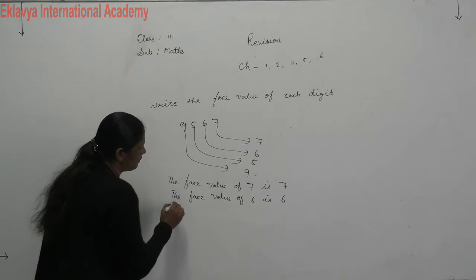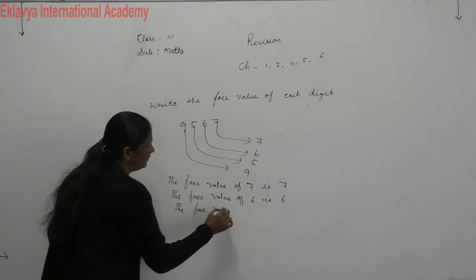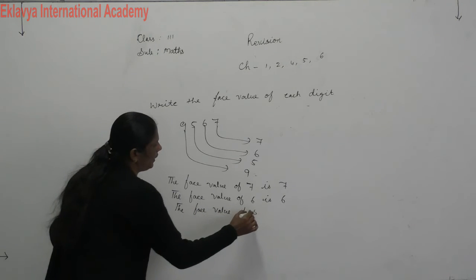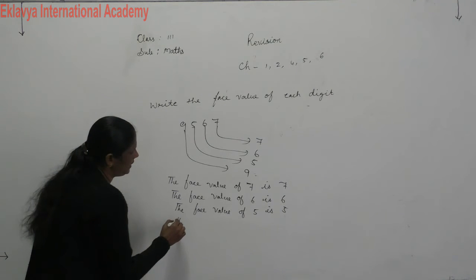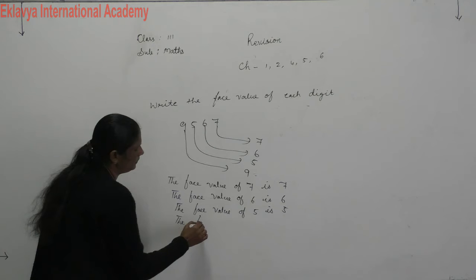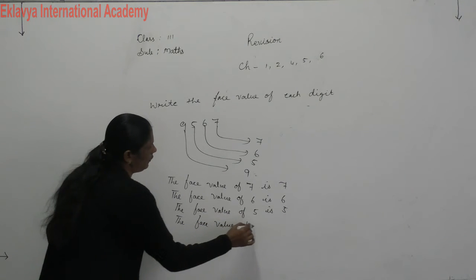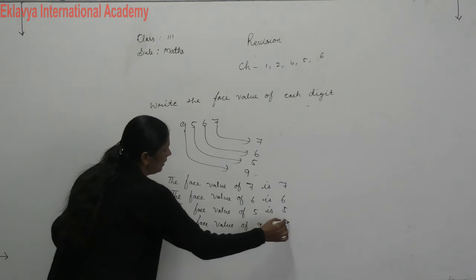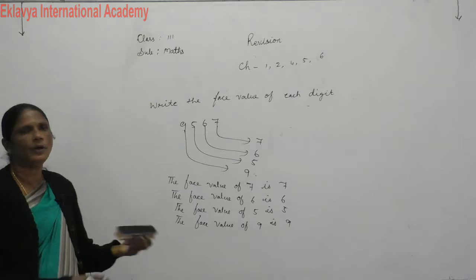Then the face value of 5 is 5. Then the face value of 9 is 9. This way you write.